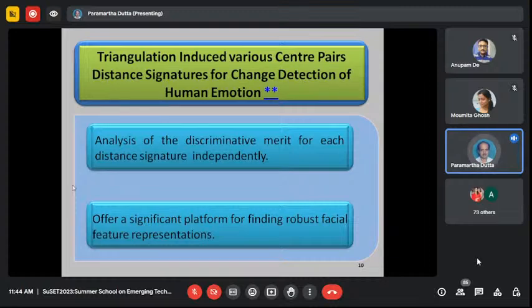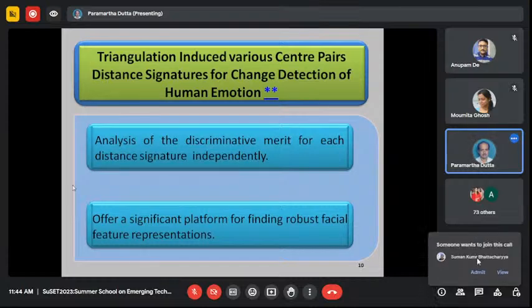Interestingly, this particular methodology exploits the center-pair distance signature in different triangles formed out of these salient points on the face images of a facial expression, indicating the mental, psychological or emotional state of a person.